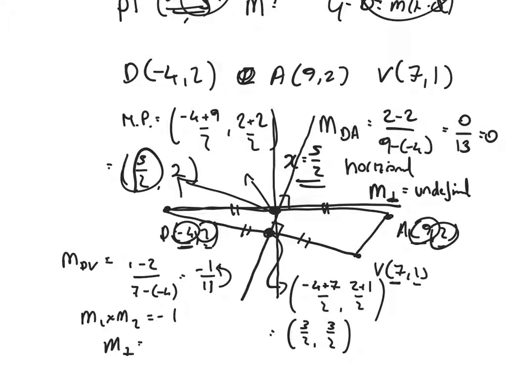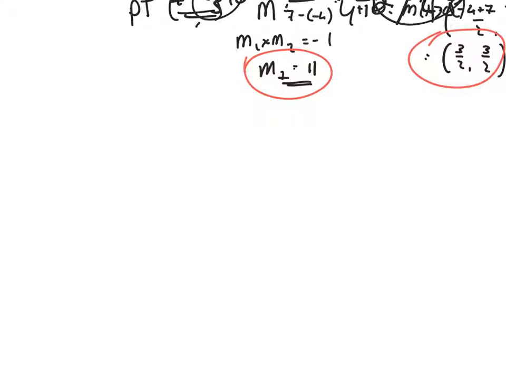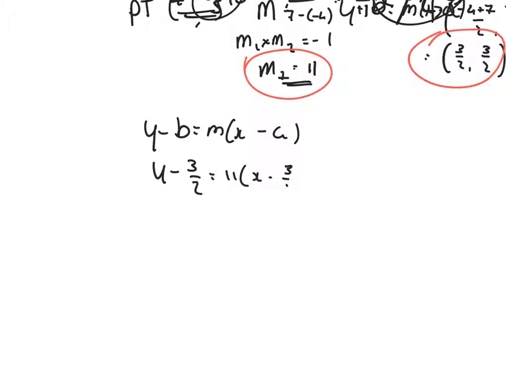Flip -1 over 11 over and change its sign, and that will give me 11 over 1, which is a gradient of 11. Okay, and let's put that into y minus b equals m bracket x minus a. That's y minus 3 over 2 is equal to 11 bracket x minus 3 over 2.